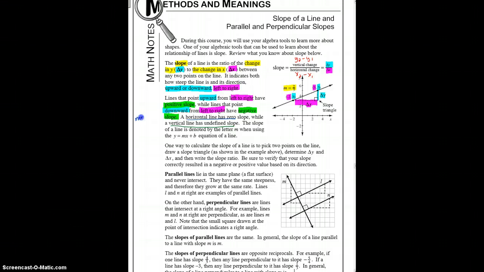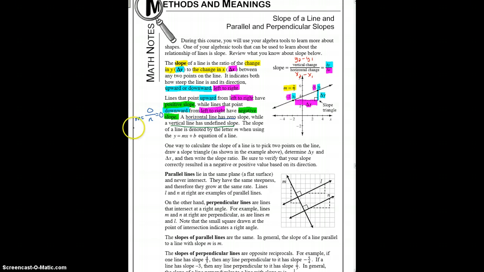That means the slope of this line occurs because my vertical change ends up being 0, with the horizontal change being some number. So I'm taking 0, dividing it by a number, and ending up with 0.